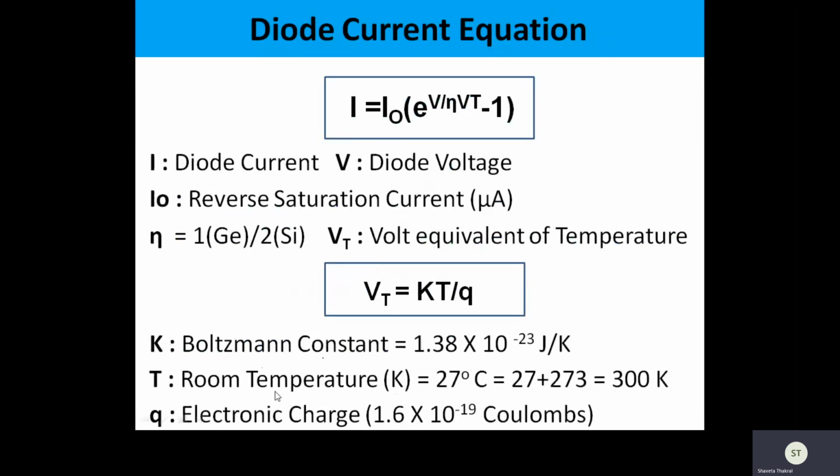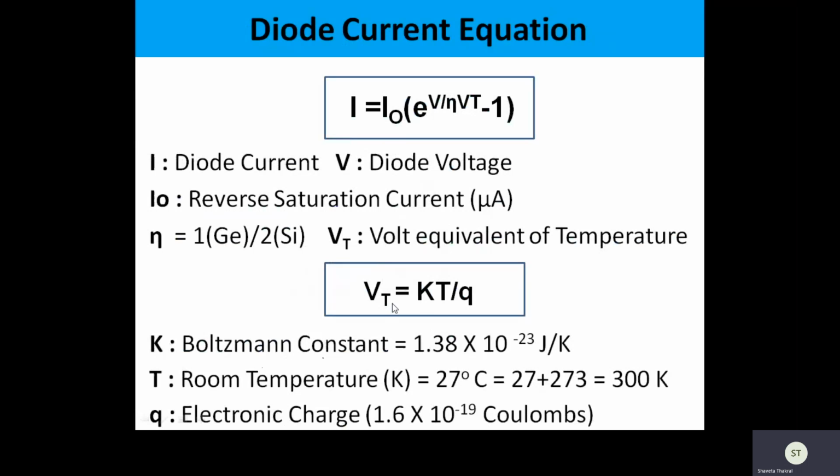T is the junction temperature, and usually we take the junction temperature as the same as the room temperature, and that is in Kelvin. For simplified calculation, we are taking the room temperature as 27 degrees Celsius, so that we have the round off value in Kelvin as 27 plus 273, that is 300 Kelvin. And q is the electronic charge, that is 1.6 into 10 raised to power minus 19 coulombs.